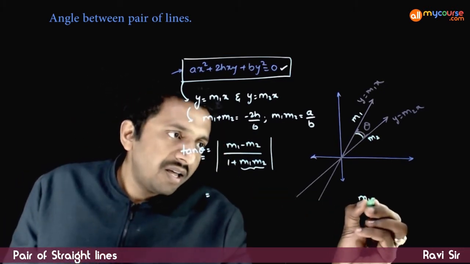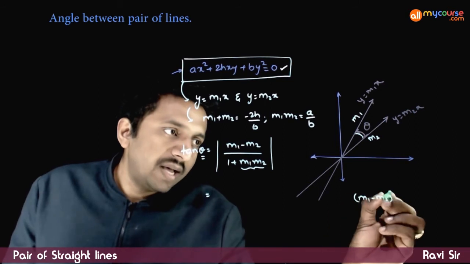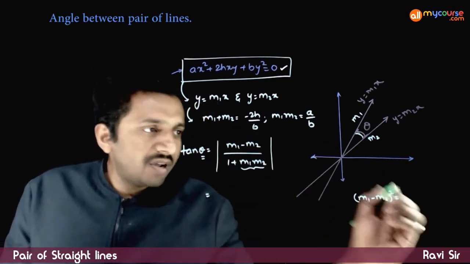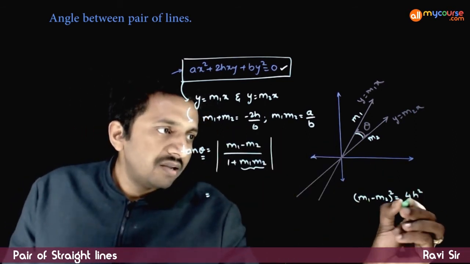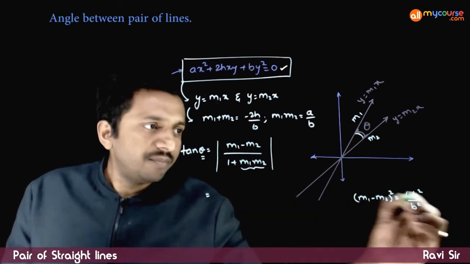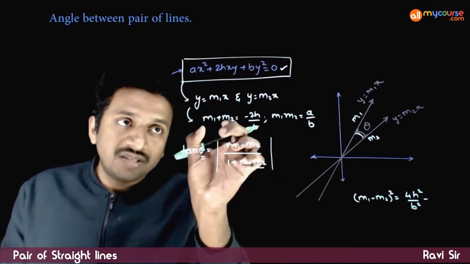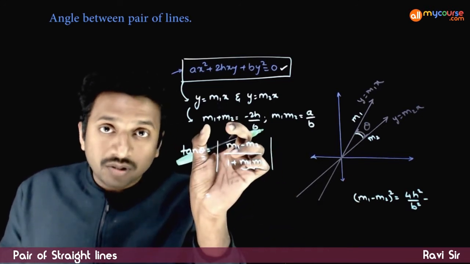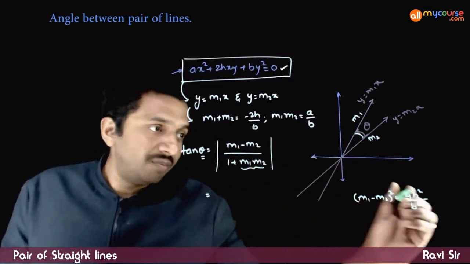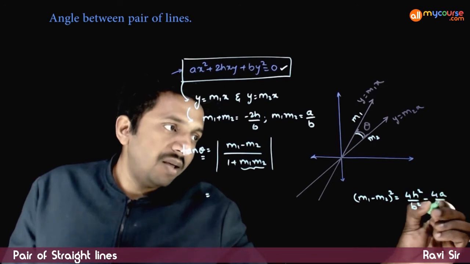m1 minus m2 whole square is equal to m1 plus m2 whole square minus 4 m1 m2, which is 4h square by b square minus 4a by b.